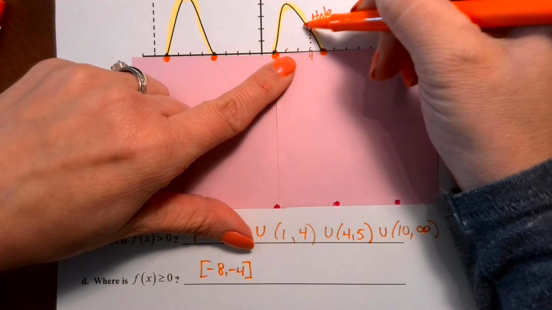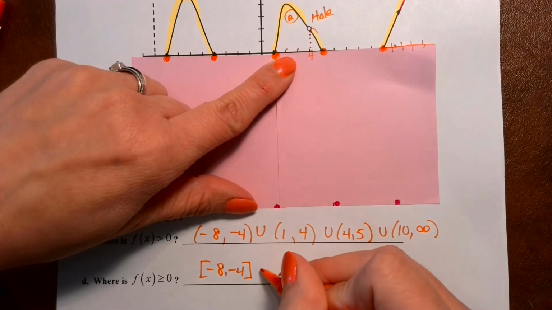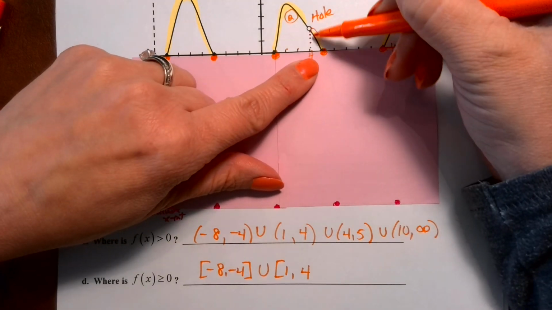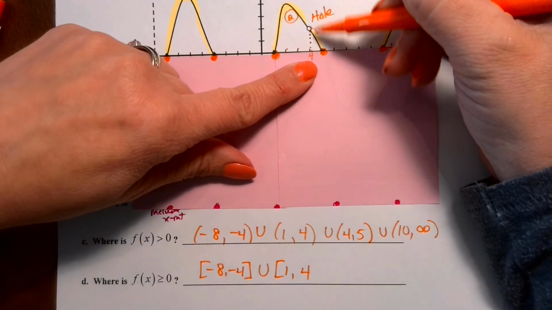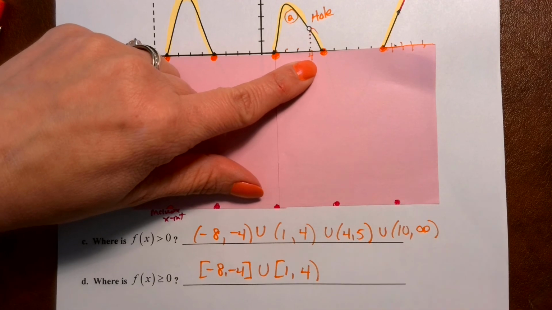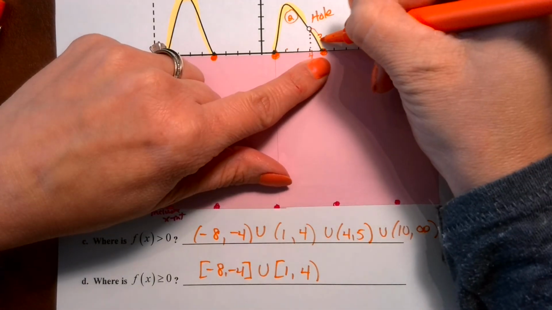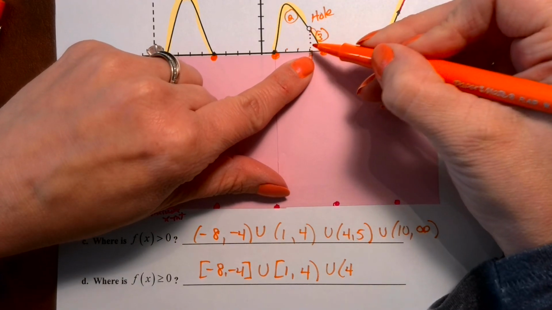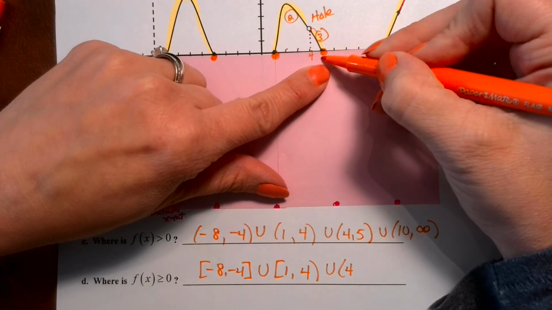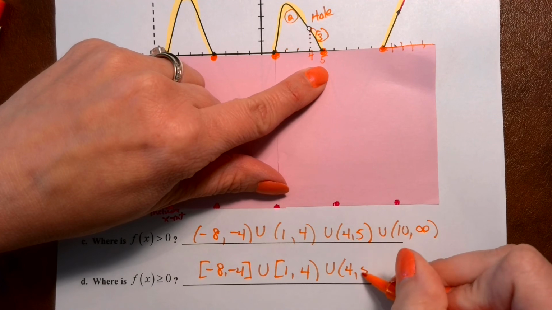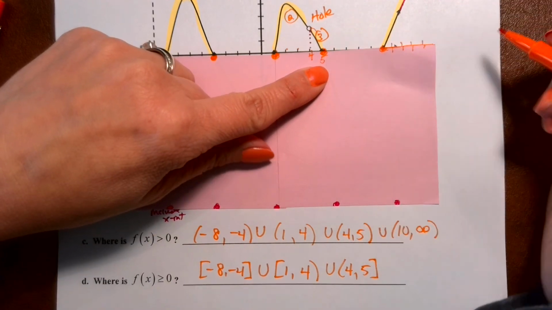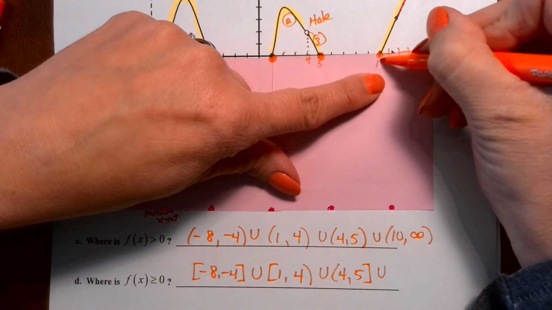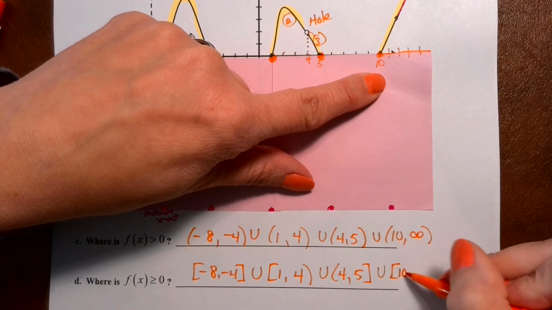Piece 2: brackets 1 to 4. Should 4 get a bracket? No, that's still a hole, so we're still going to use parentheses on it. Piece 3 starts at parentheses 4, because it's a hole, all the way till you get to 5, but 5 I can use, so that gets a bracket. Then piece 4 way over here starts at 10, and 10 is going to get a bracket.